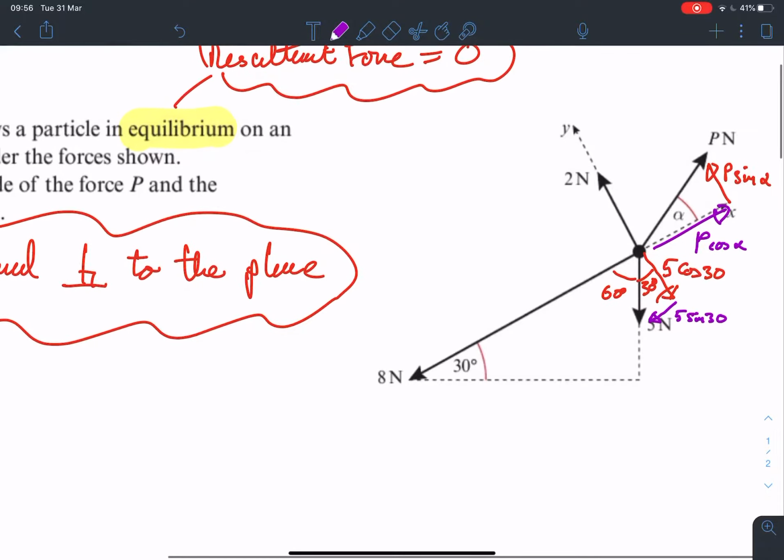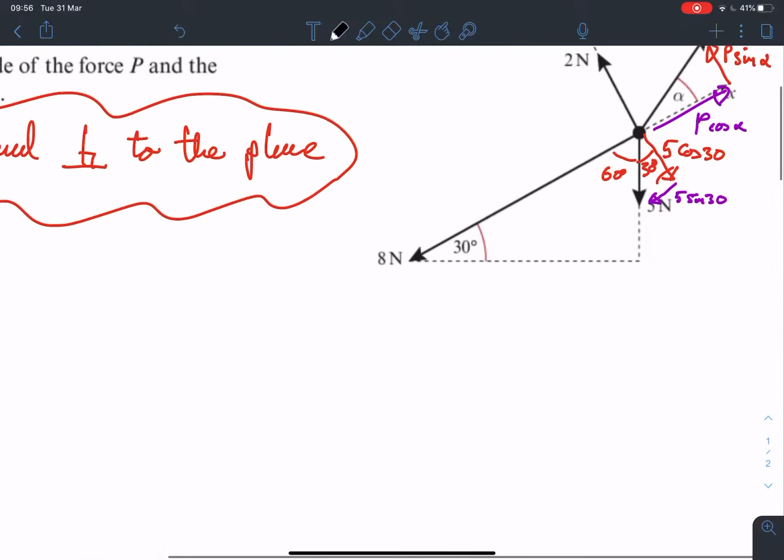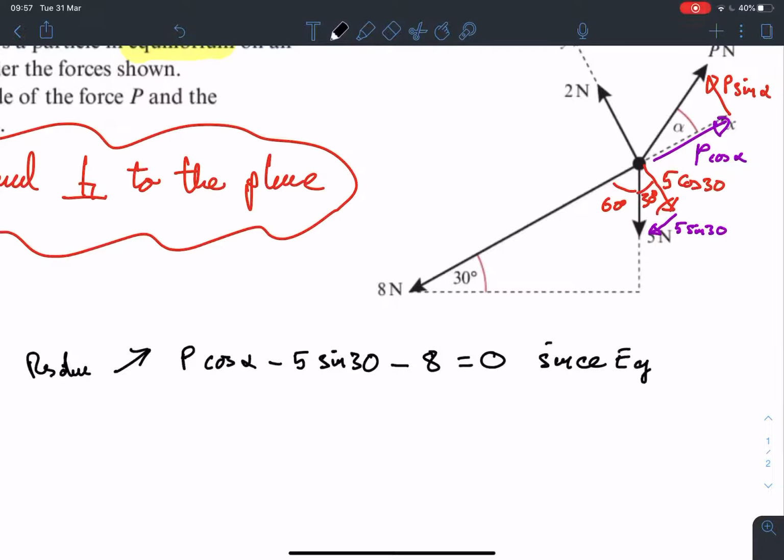So, what are we going to do? We have got to now work parallel and perpendicular to the plane. So let's resolve parallel to the plane and up the plane. We get P cos alpha minus 5 sin 30. Have we got anything else in that direction? We've got the 8 newtons. Nearly missed that. Is equal to 0 since equilibrium. Yeah.